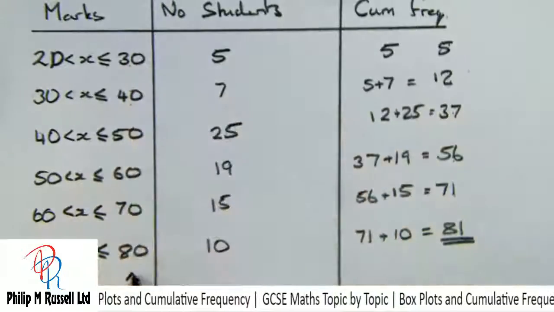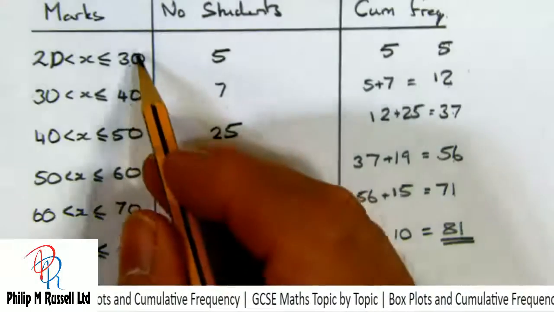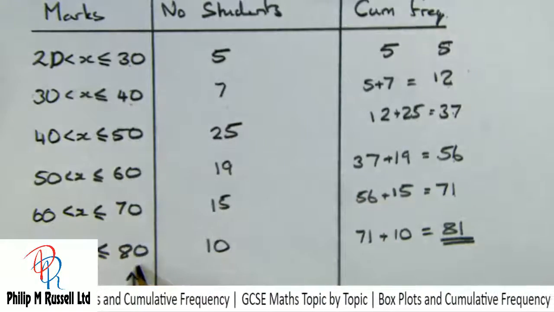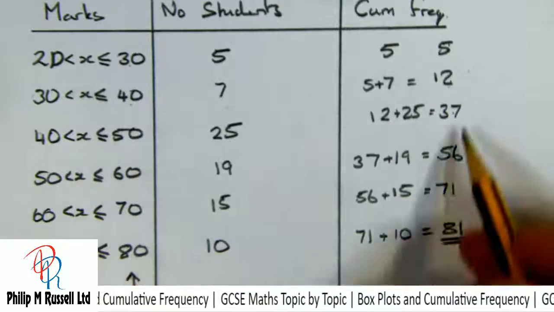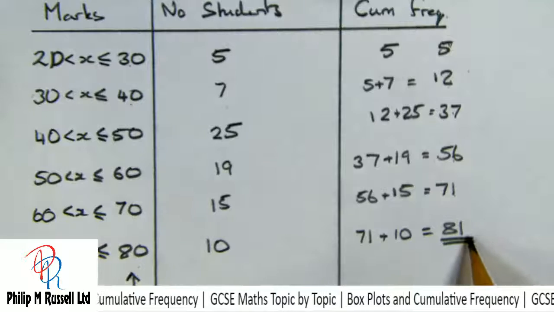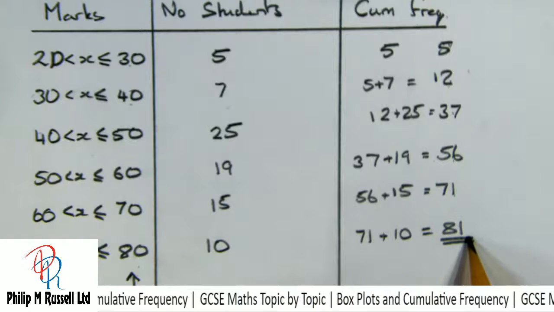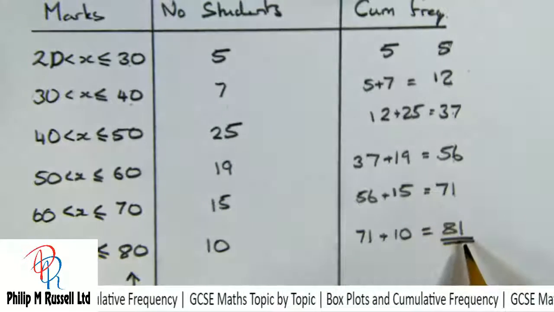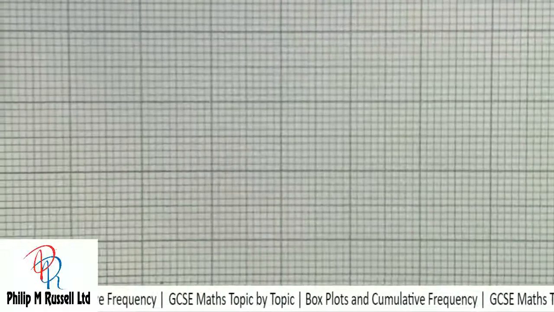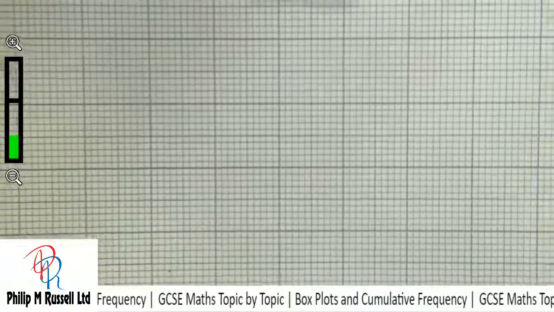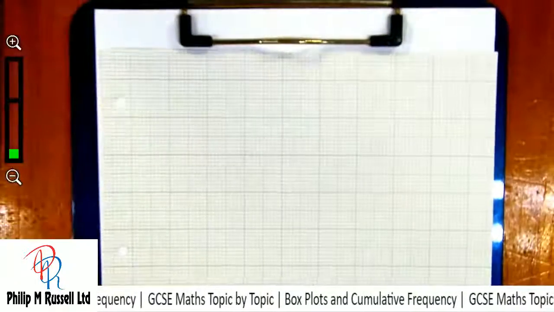This number is going to go down the bottom, so we're going to go from 30 to 80, which is 6 numbers across, and this one's going to range from 5 to 81. So let's scale our diagram suitably with our graph paper.